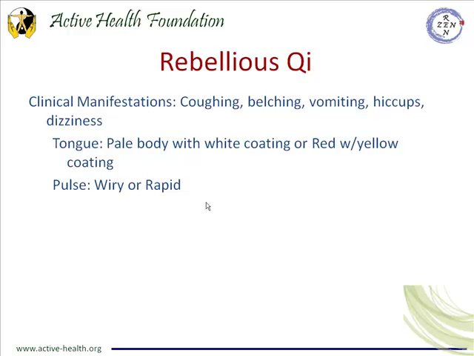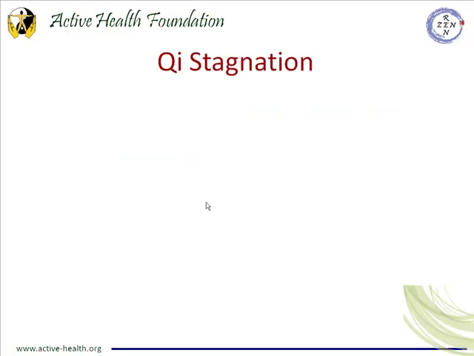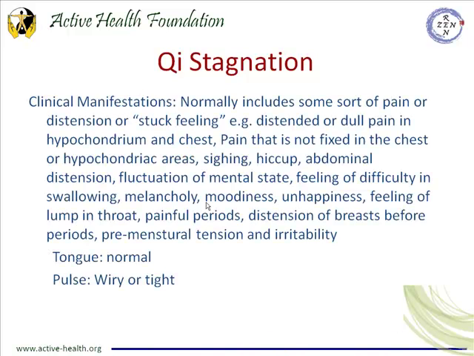We look more at rebellious Qi in terms of deficiency and excess later on in the course. The tongue is a pale body with white coating, or it may be red with a yellow coating as well. And the pulses may be wiry, or rapid, or empty, or weak.